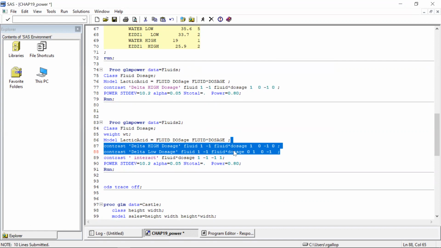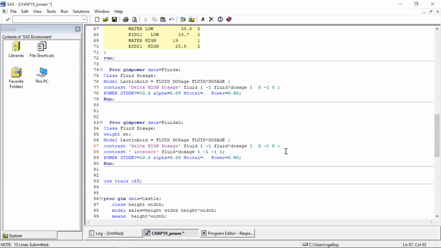But 1 minus 0, 1, 0 minus 1, -1, -1 minus 0 is -1, 0 minus -1 is 1. So line 88, that contrast, the delta of deltas, the difference of differences is our interaction.